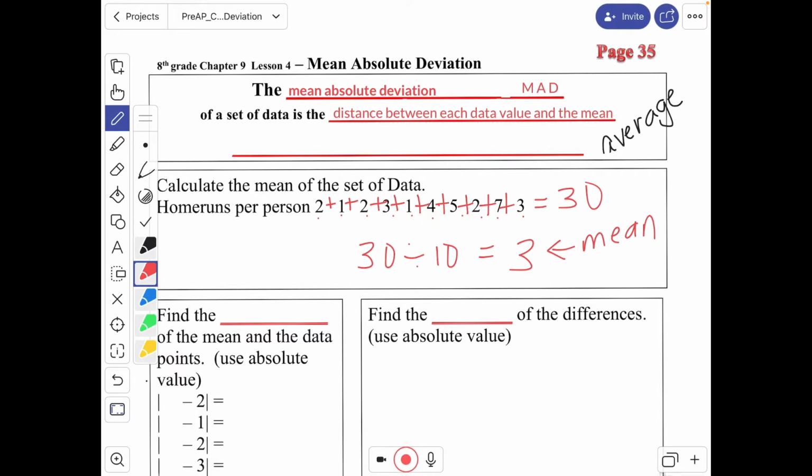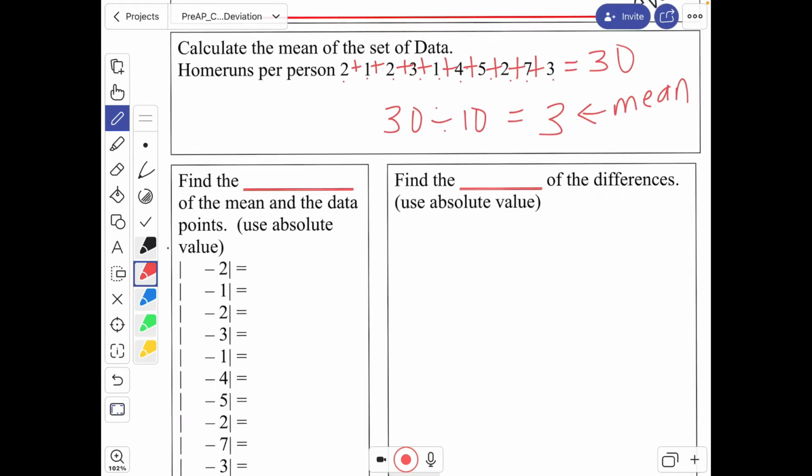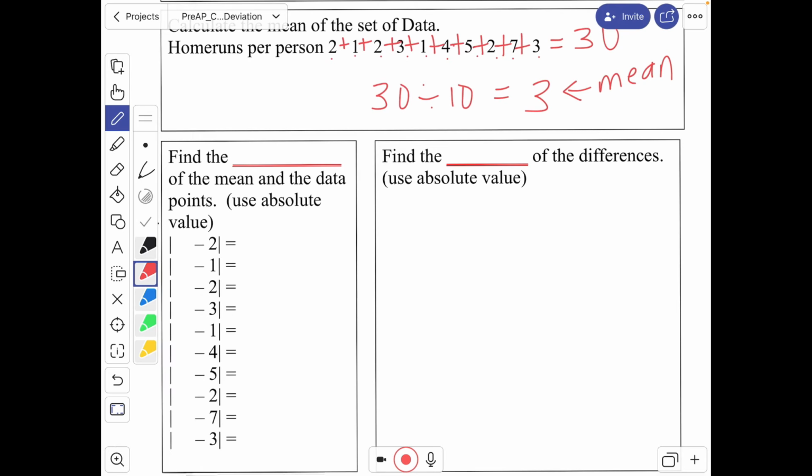Now we want to find the mean absolute deviation. Deviation means kind of like difference, or difference from the average. So we're going to find the difference between each one of those numbers and the mean.